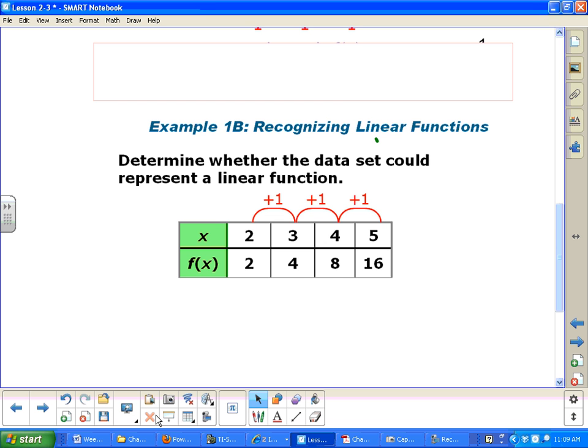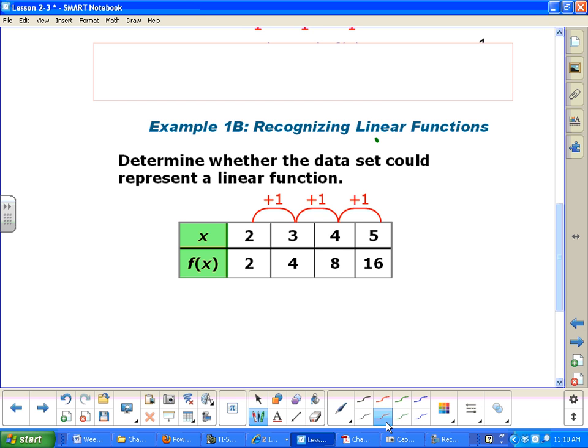Then we want to look at the y values, or the f of x values, and do they change at a constant rate? Okay. So we can find that out by doing the differences.